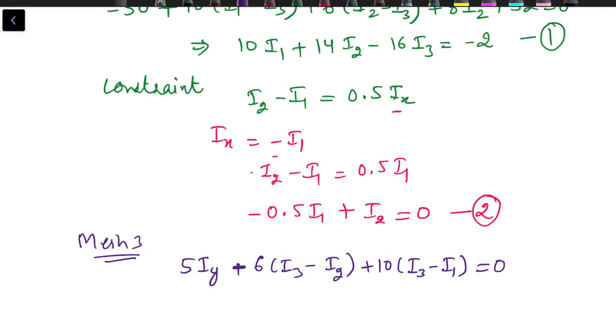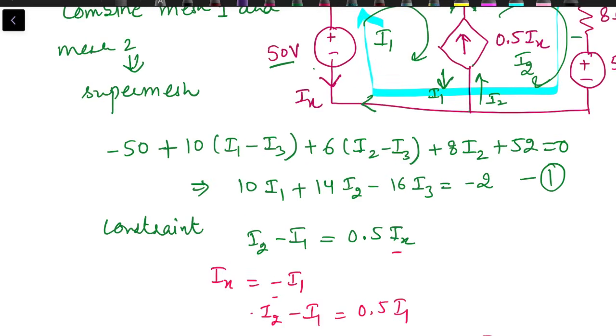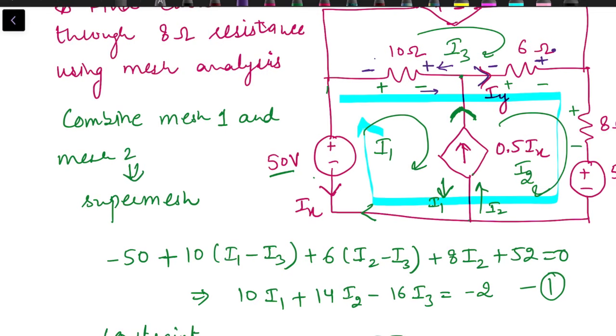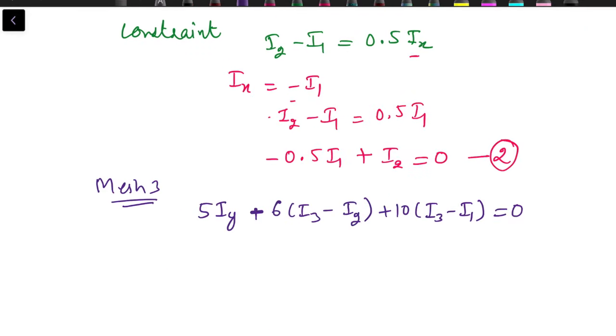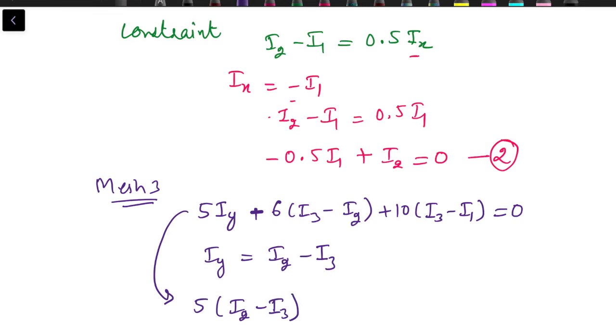Now in this case we need the value of Iy as well. Iy is the current through the 6 ohm resistance. It's flowing from left to right. I2 is in the same direction as Iy, while I3 is in the opposite direction. So Iy is equal to I2 minus I3. Now substitute this value of Iy in the mesh 3 equation.